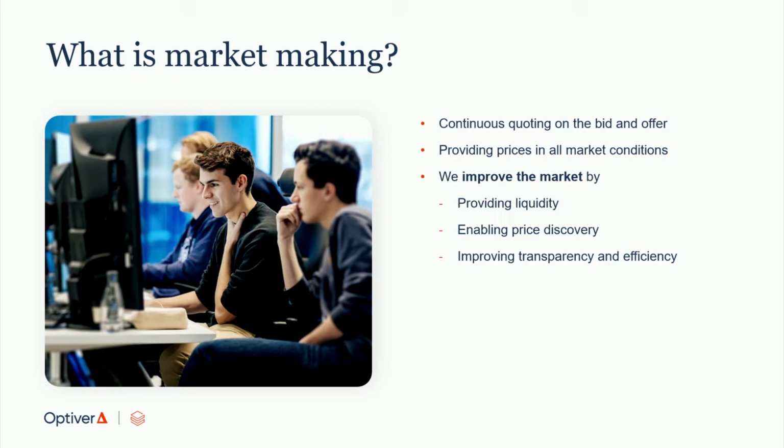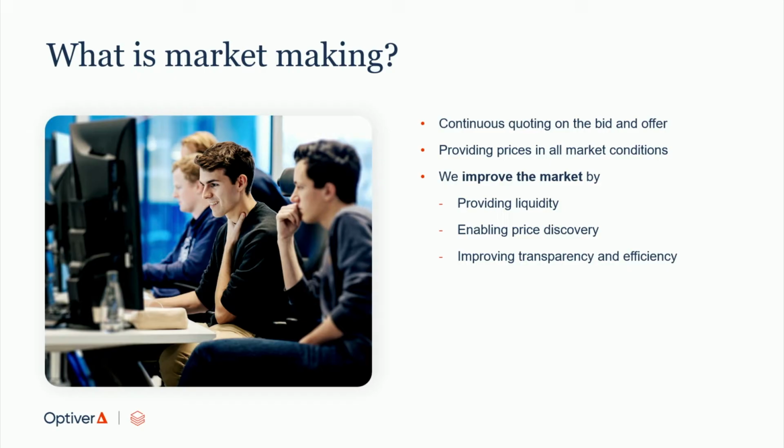For example, during the US election, where there's a lot of volatility in the market, many market participants might want to pull out of the markets because of the volatility. This is where we as market makers come in. We always provide the buy and sell prices to help the participants make the trades.